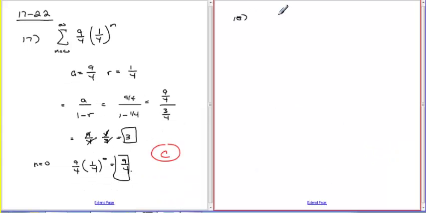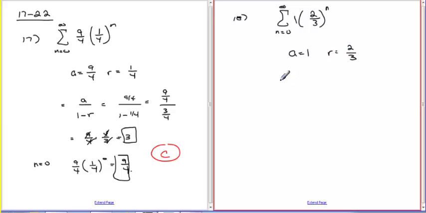Okay, 18. Summation from n equals 0 to infinity of 2/3 to the n power. Okay, so A is equal to 1, because the coefficient here is 1, we just don't show it. R is equal to 2/3.